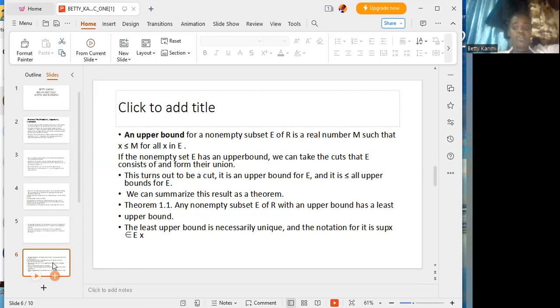It is an upper bound for E, and it is less than or equal to all upper bounds for E. We can summarize this result as a theorem. Theorem 1.1: a non-empty subset E of the real numbers with an upper bound has a least upper bound. The least upper bound is necessarily unique, and the notation for it is sup x, x element of E.